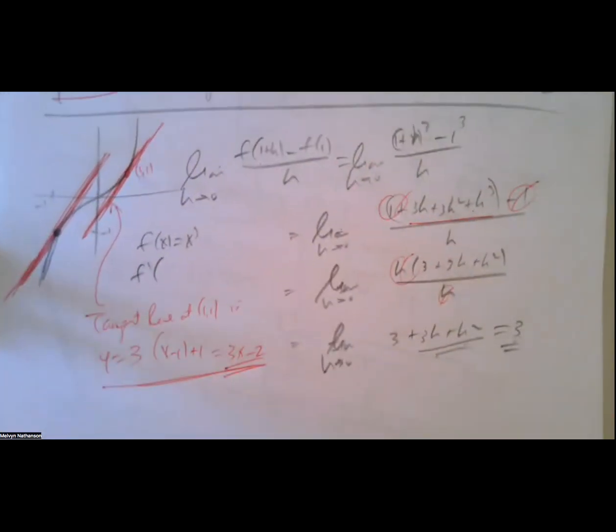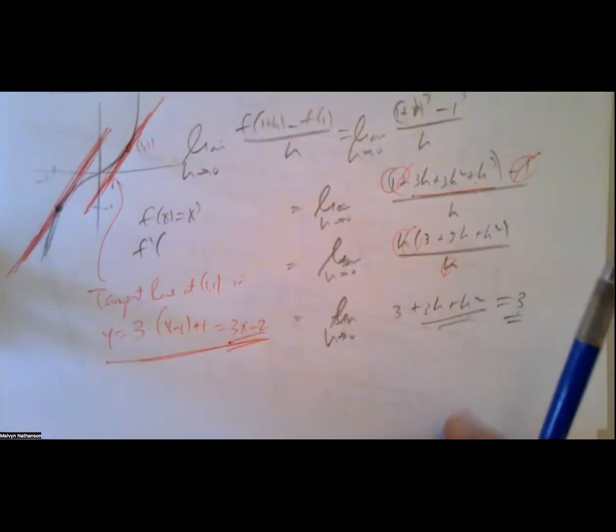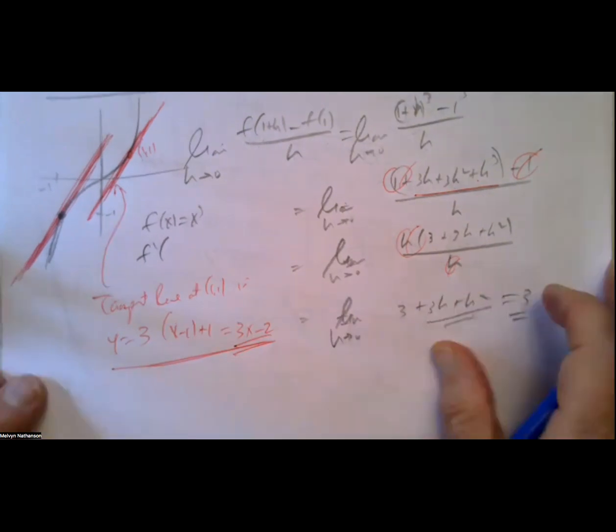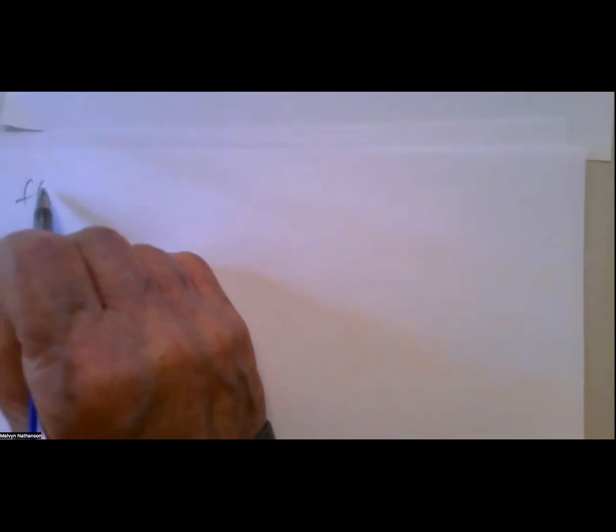But because I had asked for the slope of the tangent line at minus 1, let me do that. So we still have the algebra is the same. Well, maybe not. Let me just do it again. I have my function, f of x equal x cubed.